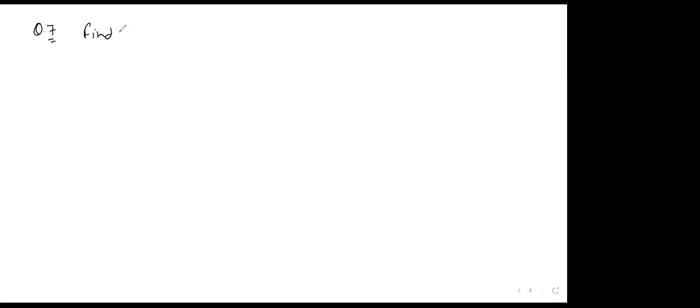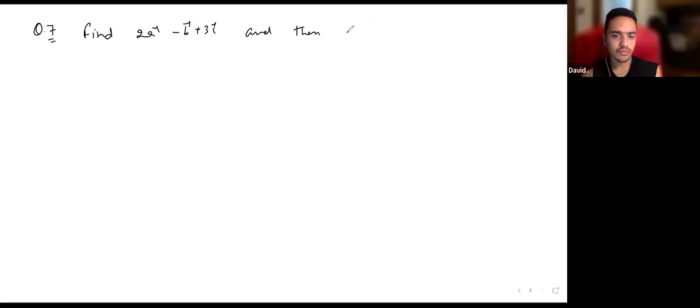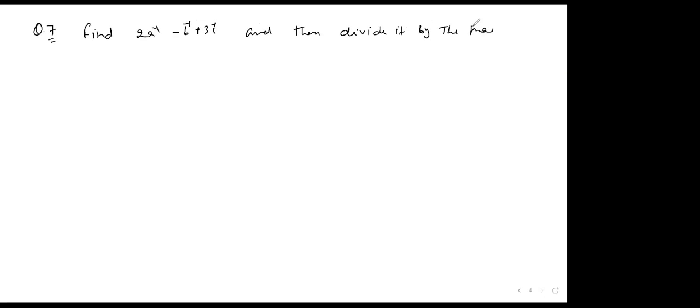Find 2a minus b plus 3c first, and then divide by the magnitude of it. If you divide it by the magnitude, it will be a unit vector, right?